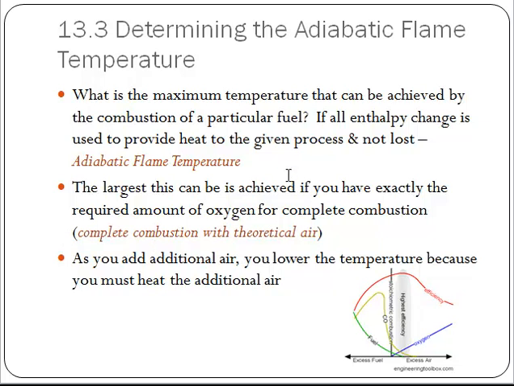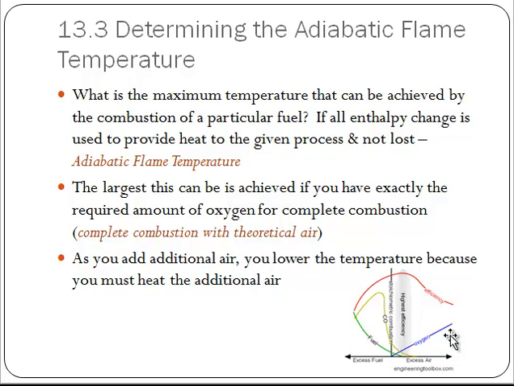So this should give us the highest temperature that is available to us. Now we're going to want to look at this various ways. One is, what if we had exactly the correct amount of oxygen for complete combustion, which means we would be operating with theoretical air, or if we have excess air.